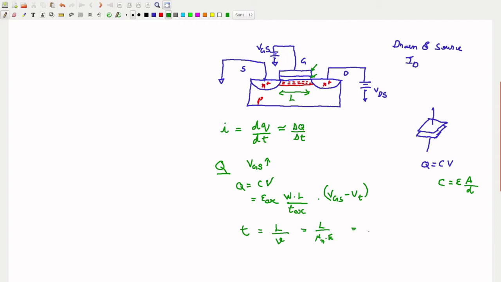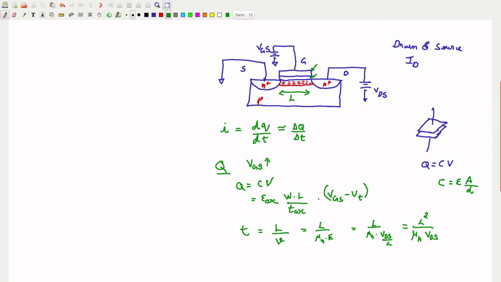So t is equal to L by mu n into the electric field, which will be VDS by the length. On rearranging this, we will get L square by mu n VDS. This is the expression for time, since the electric field is proportional to the voltage applied across the drain and source, which is VDS.